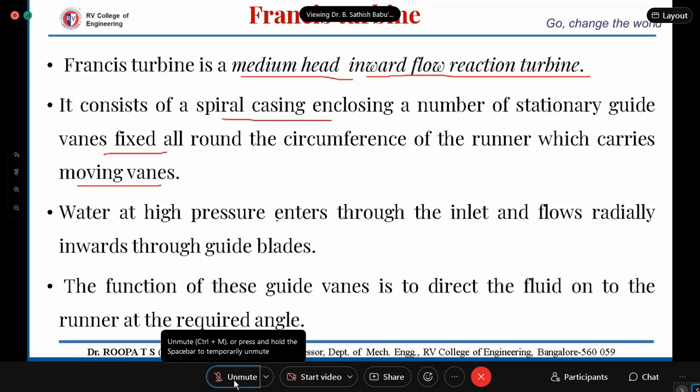So water at high pressure enters through the inlet and flows radially inwards through the guide blades, with the help of the guide blades. Then it moves on to the runner blades. The angle of these guide blades can be adjusted by using a lever, and you can control the flow of the water.